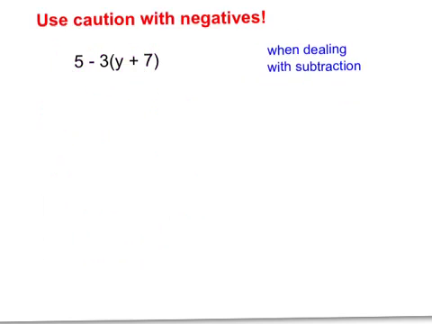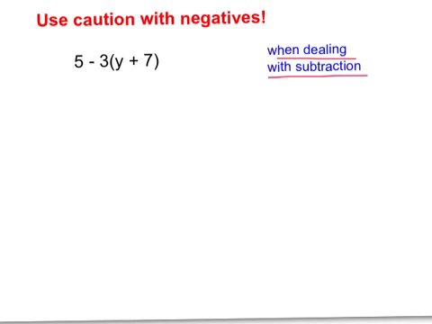Now this section here, part of simplifying expressions, comes the more difficult stuff, when we start using negatives and everything like that. So we need to remember something here. When we're dealing with subtraction, we don't like subtraction. Subtraction is a little bit more difficult. So we have to remember what we did before with our integers, and we need to get rid of our subtraction.